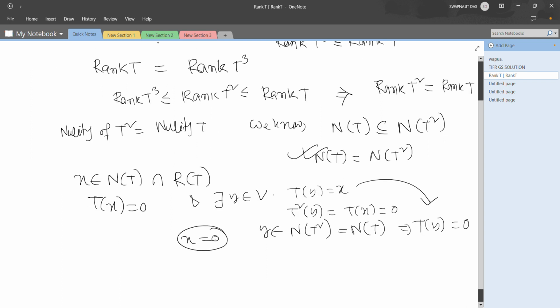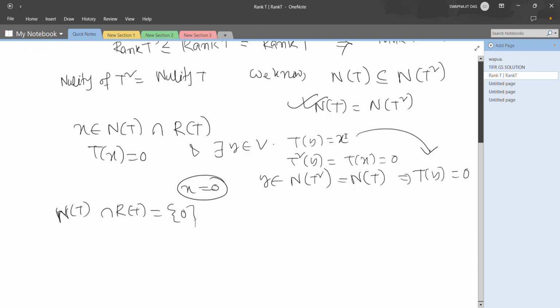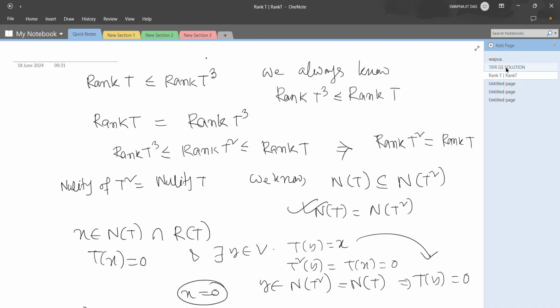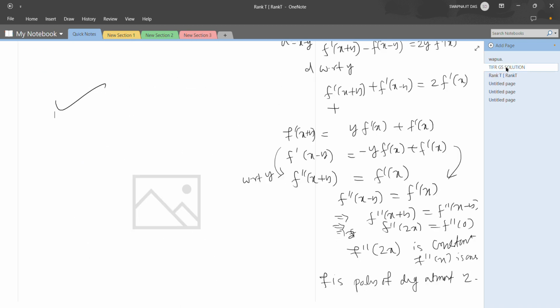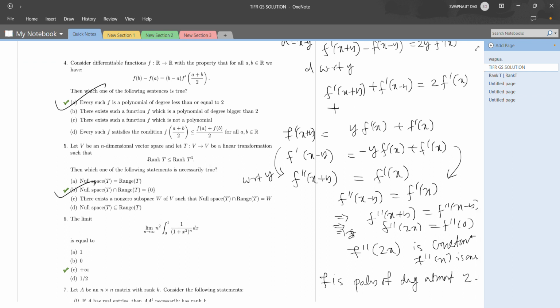So the intersection is trivial. That means NT intersection RT is the singleton zero. Okay, this one is correct.